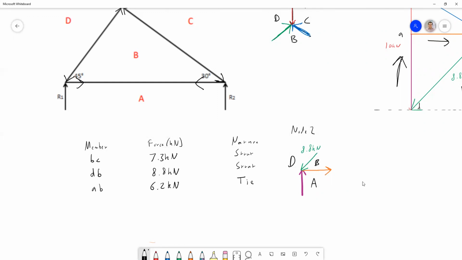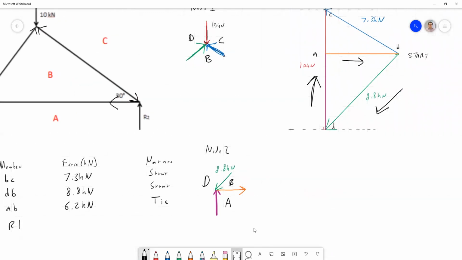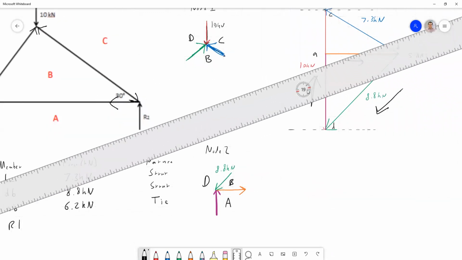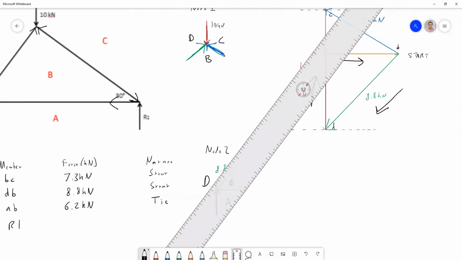And we can also find the sizes of R1 and R2. We don't always need to do that if we're not asked to, but we can here, so let's do it. R1 is the purple line, so we can measure that off the diagram as well.